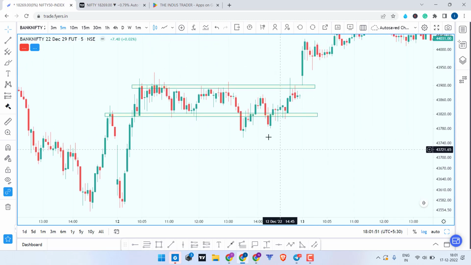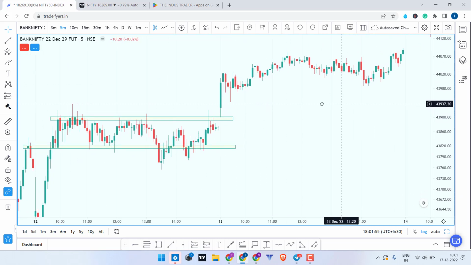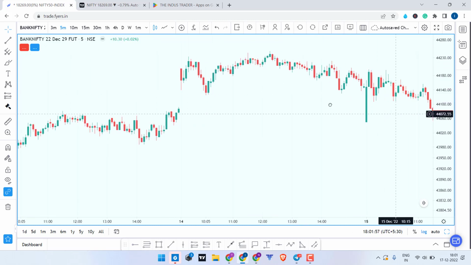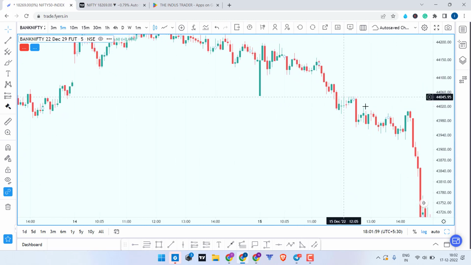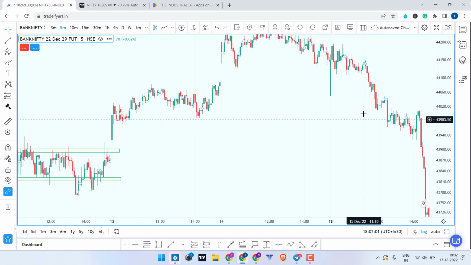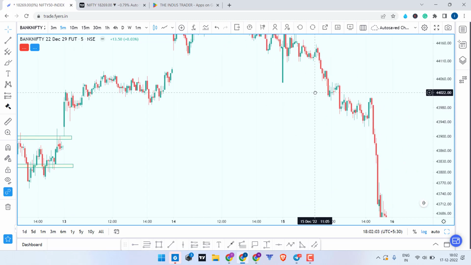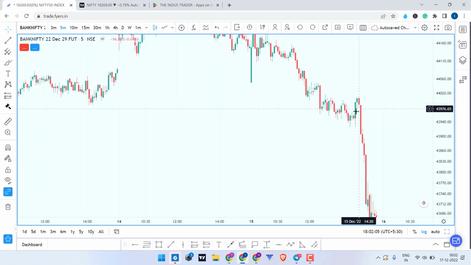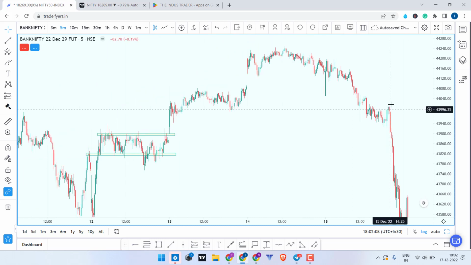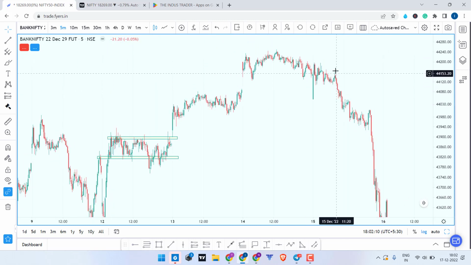See, this is a complete sideways market where we avoid trading. As I said, we don't trade in the sideways. And let's take some more examples. This is a downtrend, right?